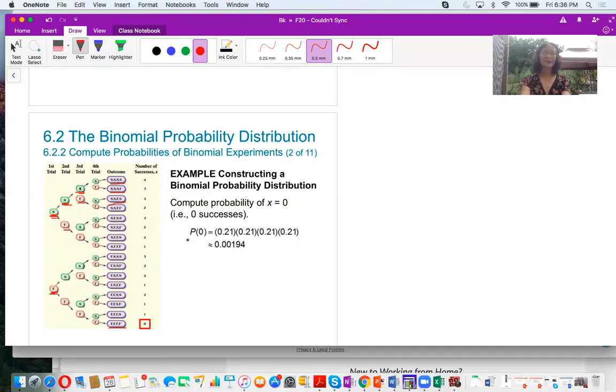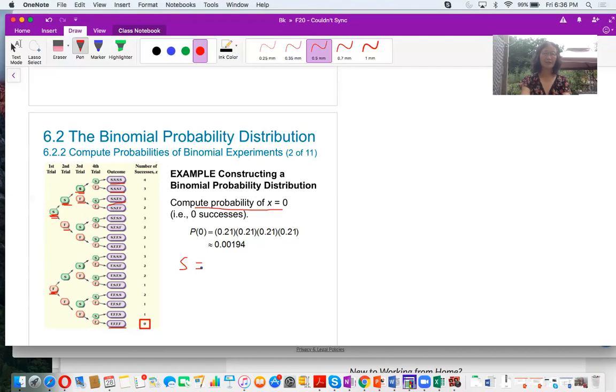And if the question asks you to compute the probability of x equal to 0, x is 0. In this, they actually use S to represent success.